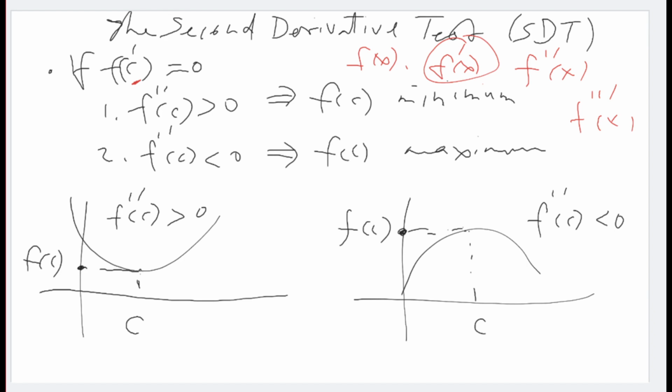Well, the results are the following. If the second derivative is positive, f(c) is a minimum value. Now, when we talk about maximum and minimum, it's always f itself. So f is minimum. If the second derivative at this critical value is negative, f(c) is maximum.